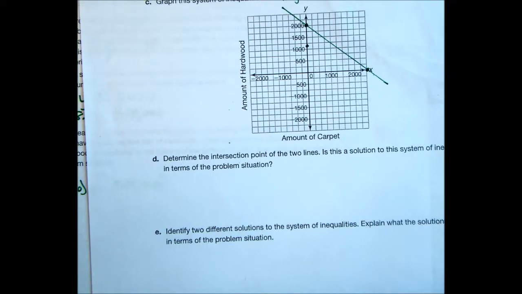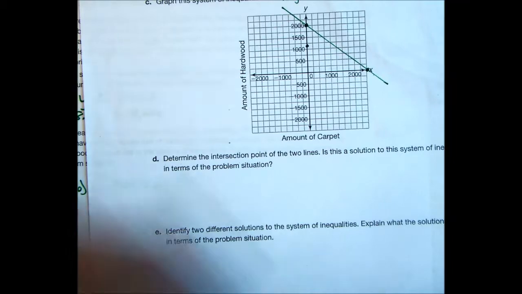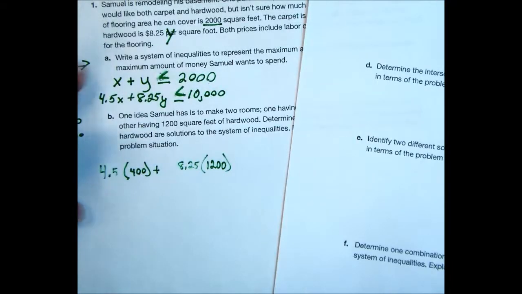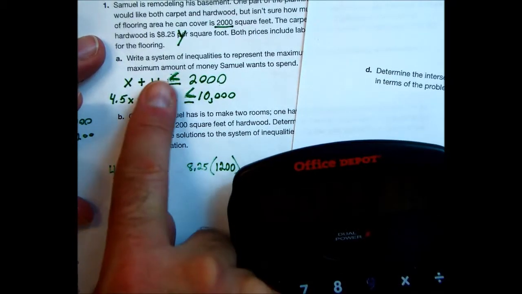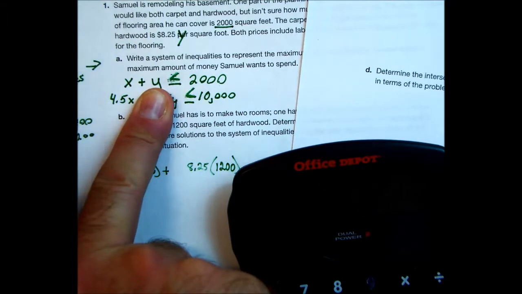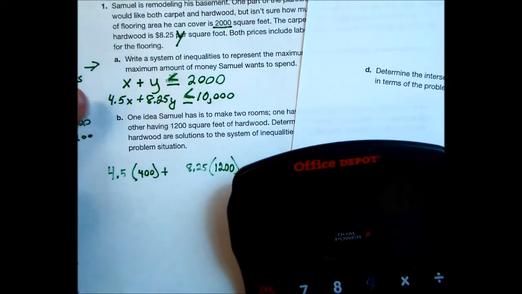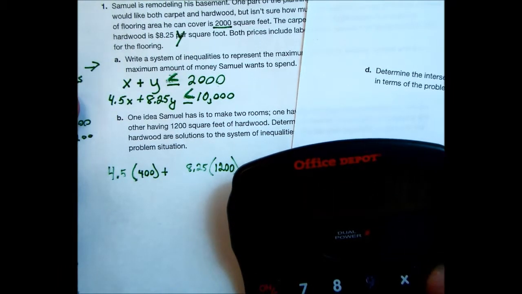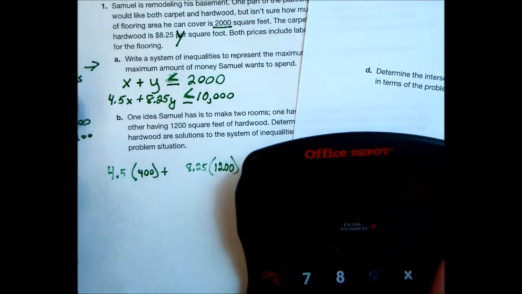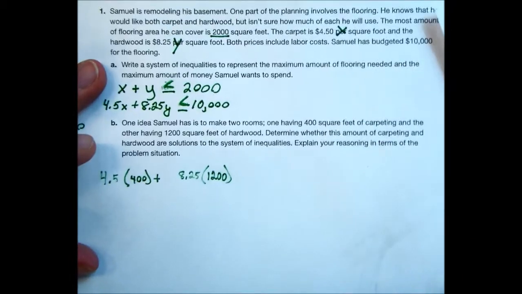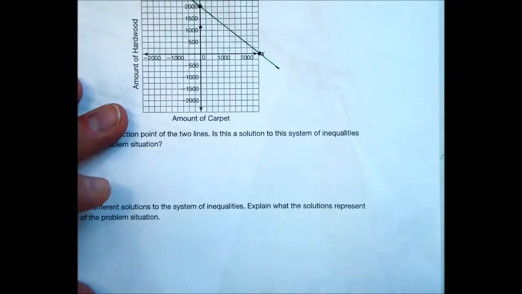Okay, and now I'm going to graph the x-intercept. So that means I put a 0 in for y, and it's now 10,000 divided by 4.5, which would be 2,222. So now I look at the other line.